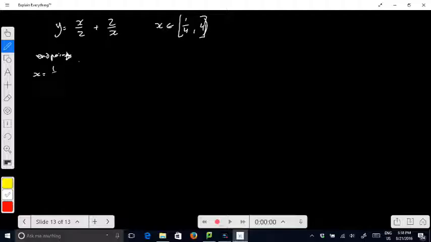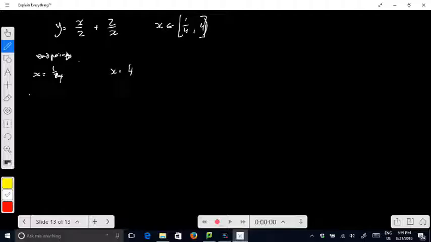So a function defined on a restricted domain has the rule y equals x over 2 plus 2 over x for the x elements between 1/4 and 4. So specify the coordinates of the endpoints. So the endpoints, subbing in x equals a quarter and x equals 4.